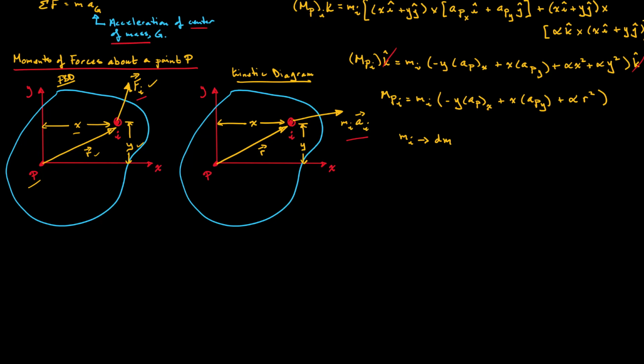So our resultant moment about point P, due to all the external forces acting on the individual particles on this rigid body, can be stated as the sum of the moments about point P is equal to the negative of the integral over the entire mass of y dm multiplied by the x component of acceleration at point P. So this will be our first term.